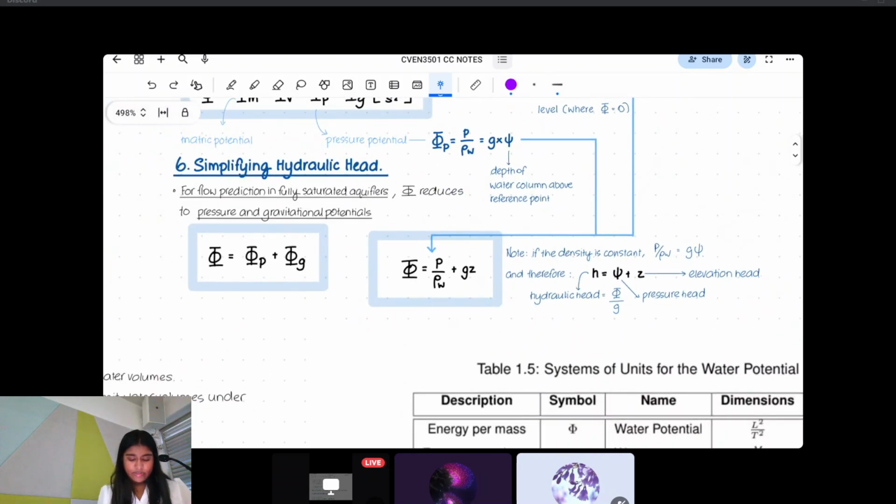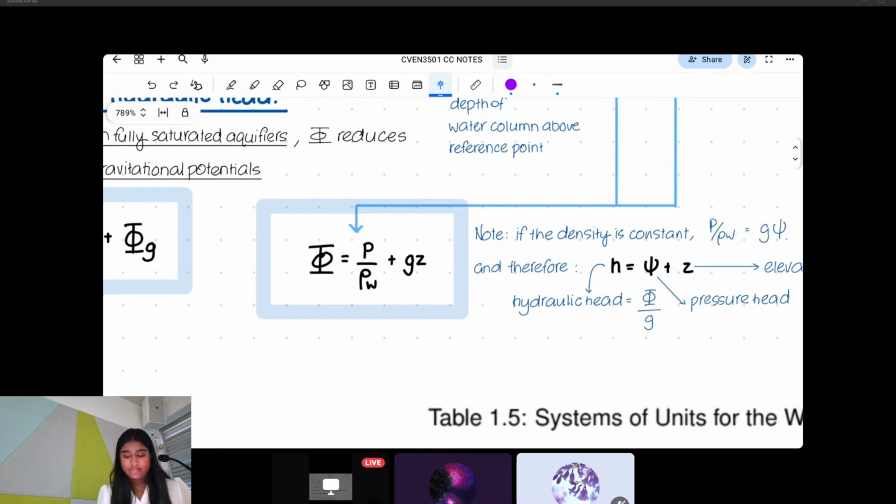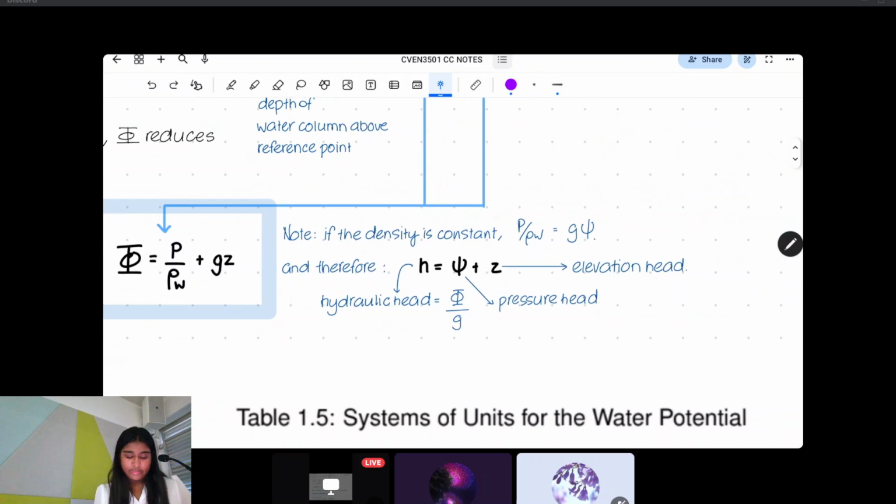And if the density is constant, which it usually is if it's water, then the hydraulic head, which is just the little h there, that's how it will be notated across the whole course, is equal to just the pressure head plus the elevation head. So that's just that there, right?